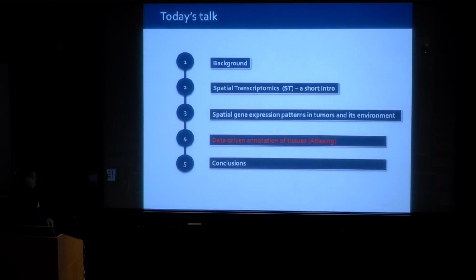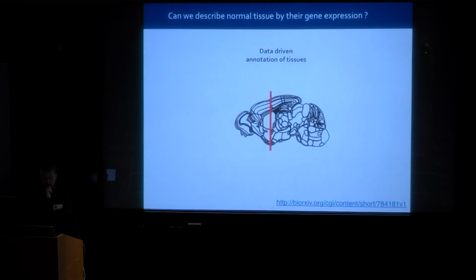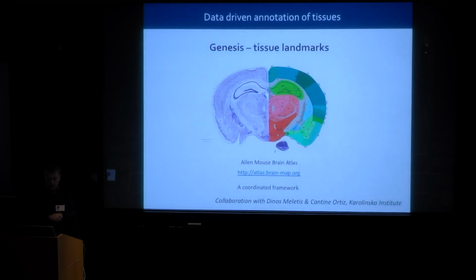The last vignette is the data-driven annotation of tissues, or atlasing, and this is something that we put on bioRxiv quite recently. It's can we annotate tissue in a data-driven way? And the example comes from the brain, which has been studied over 100 years, more than that, from a histology point of view.